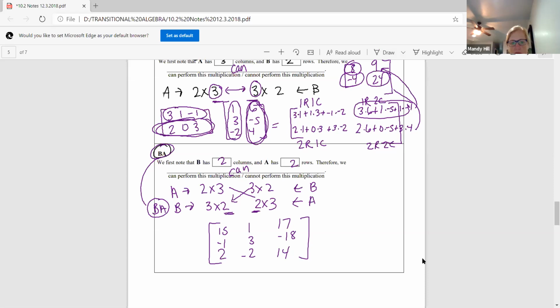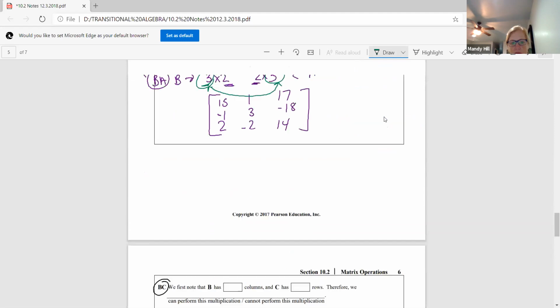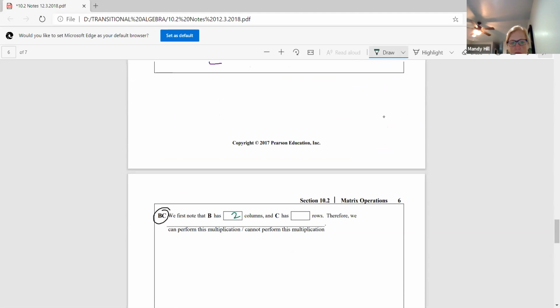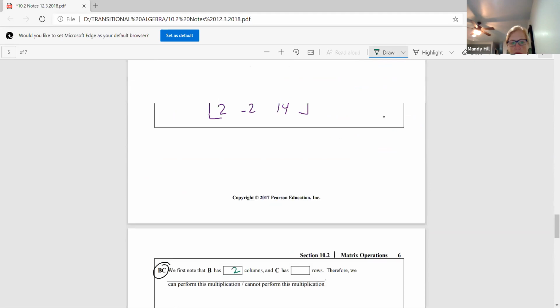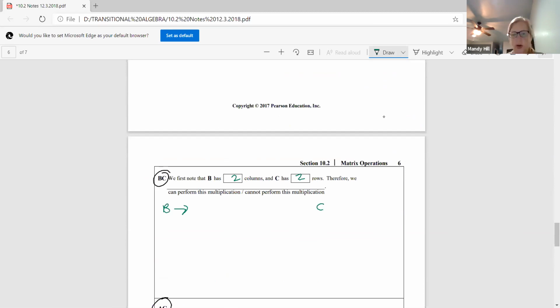Okay, let's look at this one now. B has 3 rows and 2 columns. C has how many rows? C has 2 rows and 2 columns. When we look at B, we want B in the front, we want C in the back.